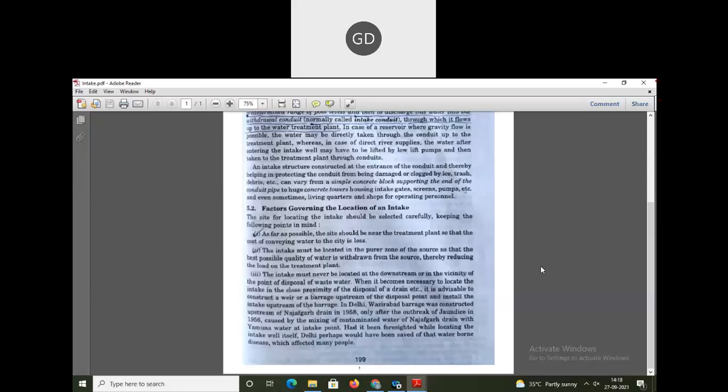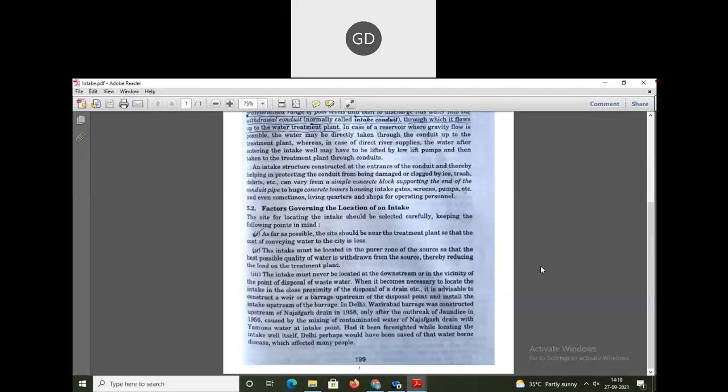Wherever the treatment plant is, you should keep the location of the intake nearby, so that the cost of the conduits for taking the water to the treatment plant becomes less. So that is one factor.